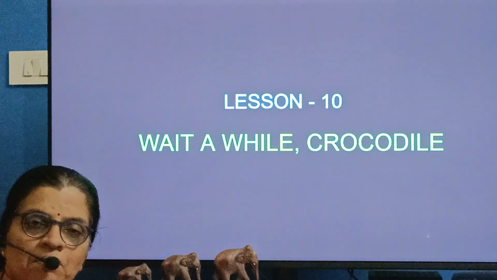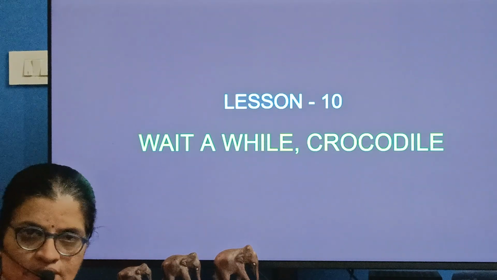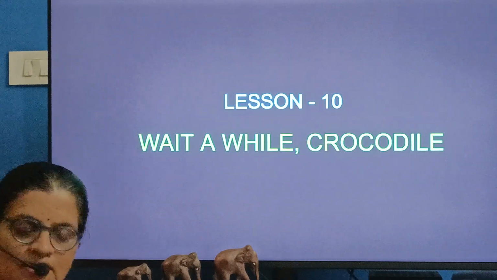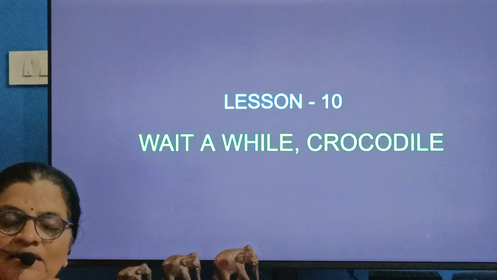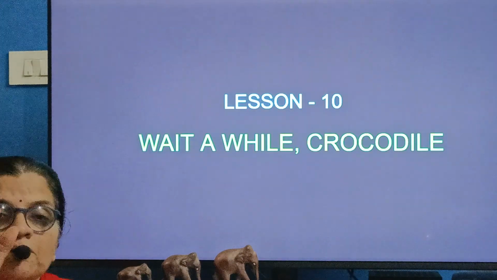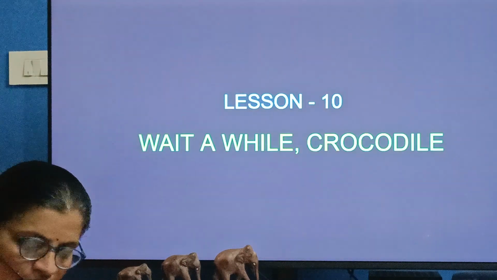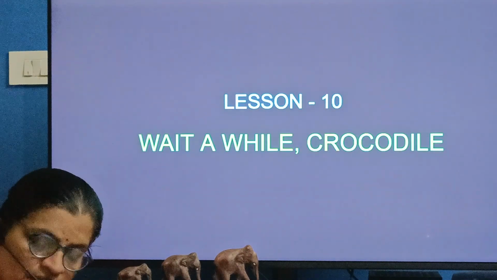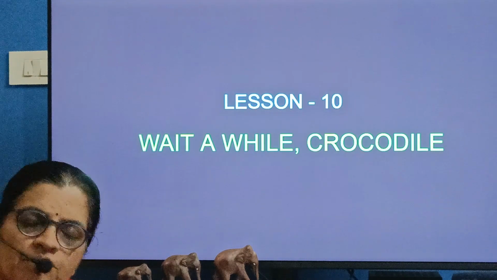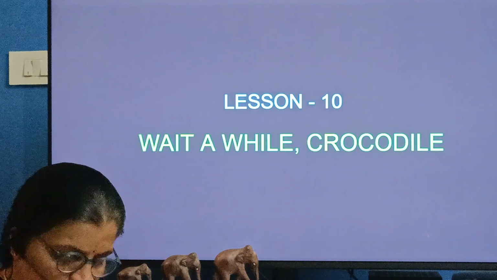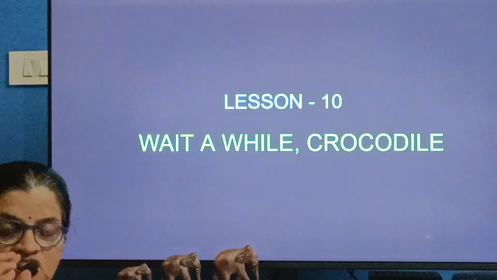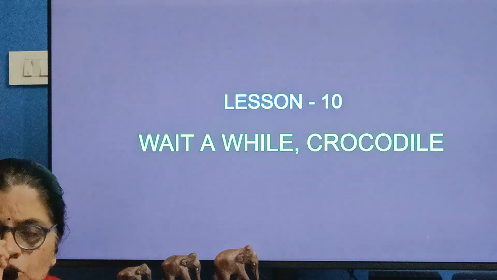So what is mugger? How does it look like? The mugger crocodile is the common crocodile in India. They are medium to large in size, 4 to 5 meters in length. They are stocky and have a broad snout. Snout means what?